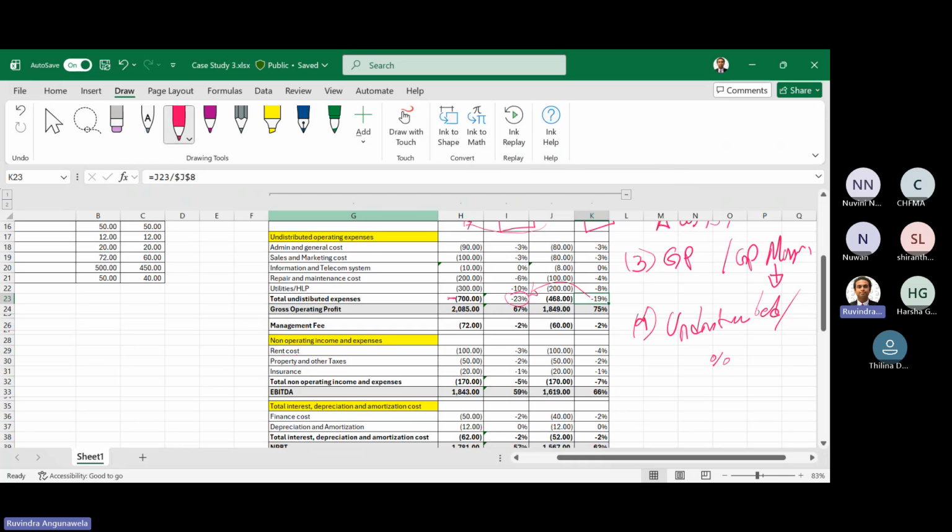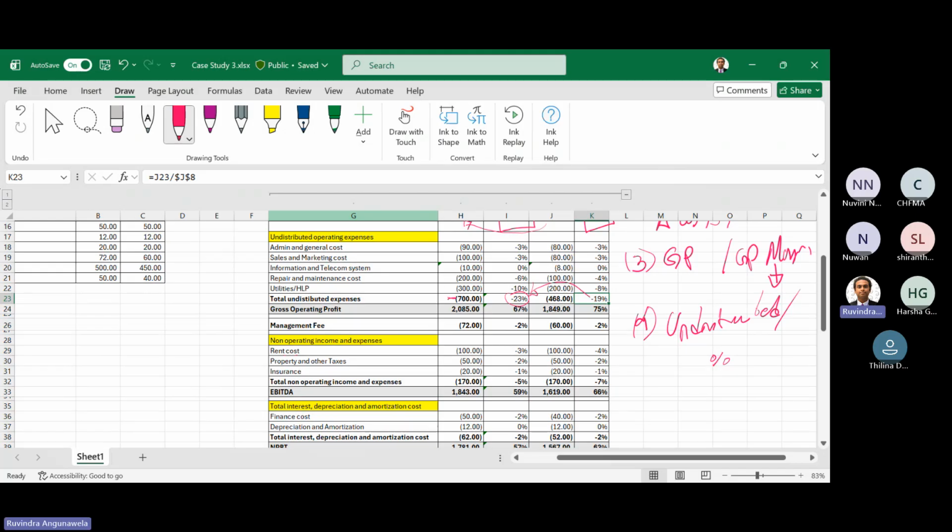Undistributed expenses as a share of overall revenue in 23-24 was 19%, which has gone to 23%. Again, the undistributed expenses are taking a bigger chunk out of the total revenue, which is, of course, detrimental to your profitability. The efficiency of the business has actually declined a bit.